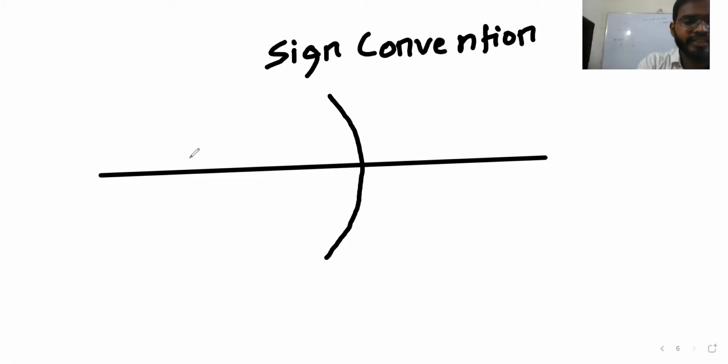Suppose the object is somewhere here, and the image is somewhere here.